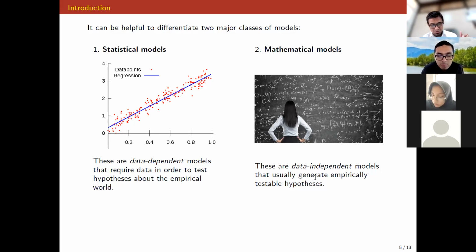Statistical models require data to test our hypothesis, but in mathematical models, we make the models to generate the hypothesis. And of course, that hypothesis that we generate from the models can be tested again using statistical tools.